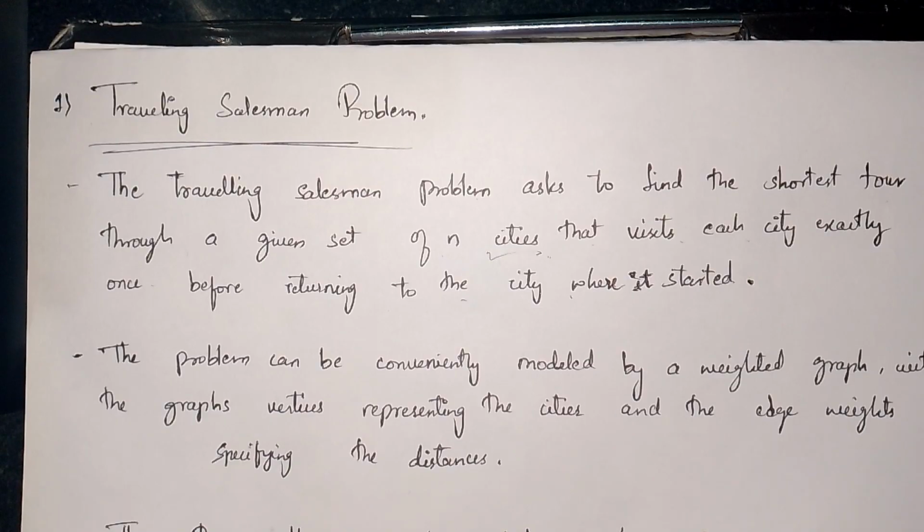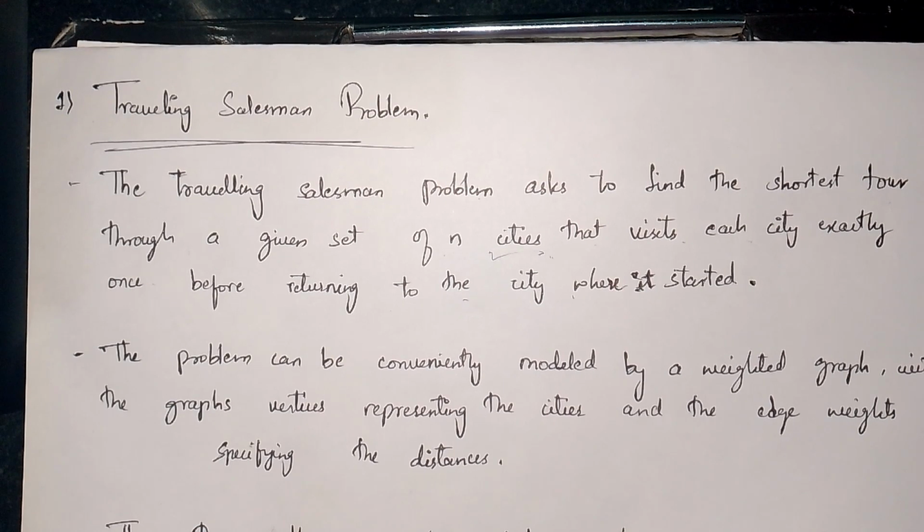He has to visit each and every city exactly once, and he has to return to the same city from where he started. Through this, he has to find the shortest distance or shortest path to travel to each and every city and return to the same city.